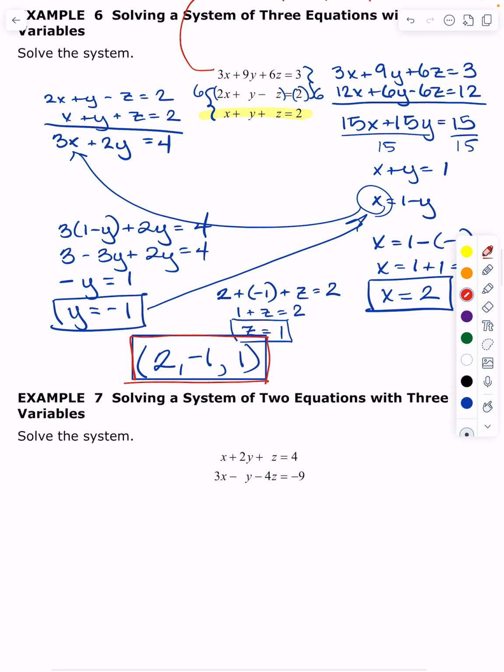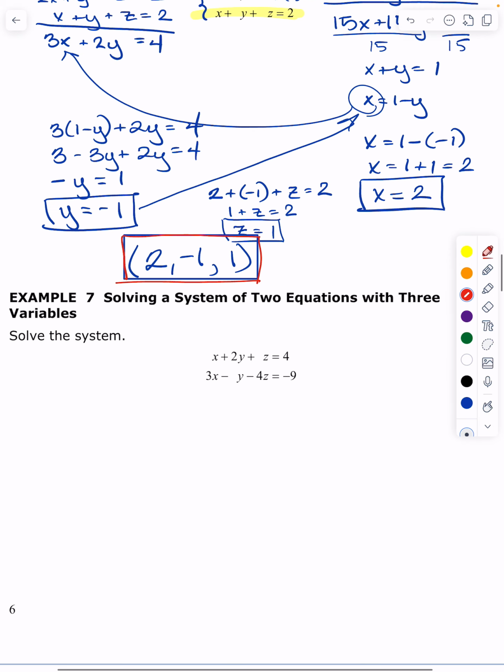Okay. Example 7, we are going to solve a system where we only have 2 equations. Now here's the thing. I need as many equations as I have variables if I want to get this down to numbers. But here's what we're going to do here. I'm going to go ahead and multiply the top equation by 4.